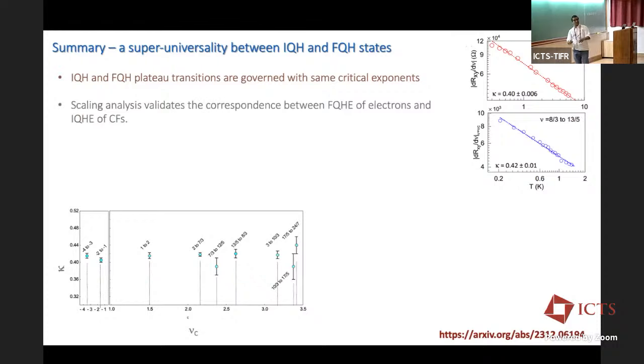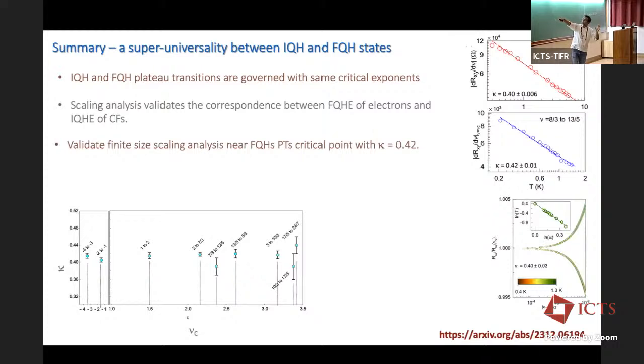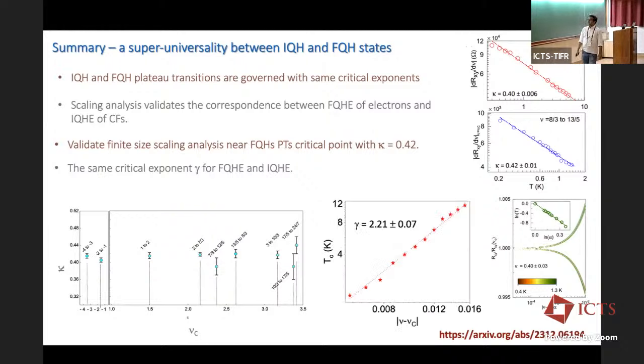This is the law of corresponding states, which tells you that the physics of nu equal to 1/3 can be mapped into the physics of nu equal to 1 of composite fermions. We validate the finite size scaling analysis of fractional with a critical scaling exponent 0.42. The same critical exponent gamma for fractional quantum Hall and the integer quantum Hall. And the dynamical exponent z is the same for both.